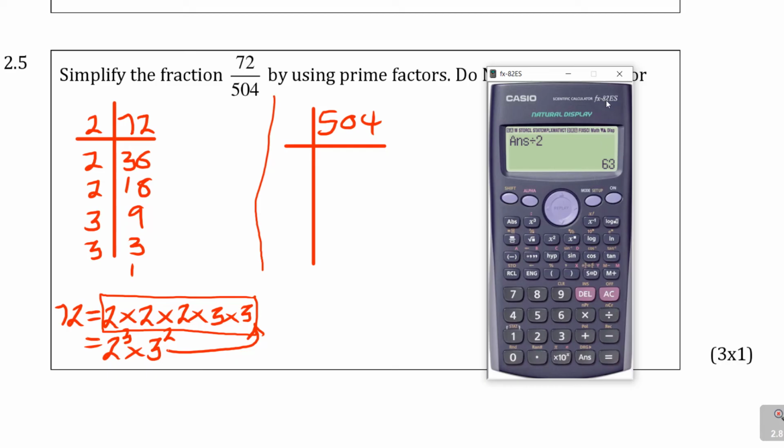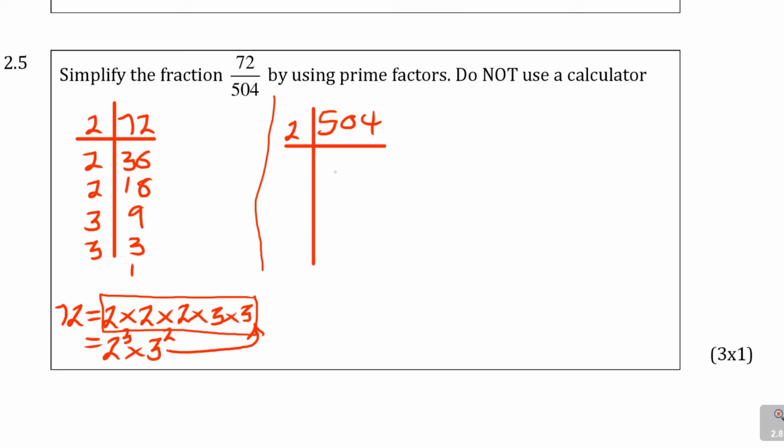So here, 2, I get 252. 2, I get 126. 2 here, I get 63. And then you can see that 2 cannot divide it, so we go to 3.